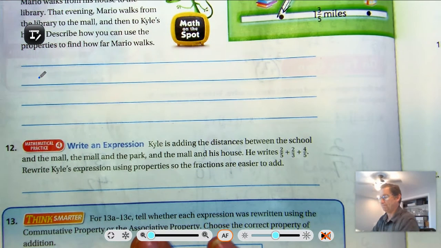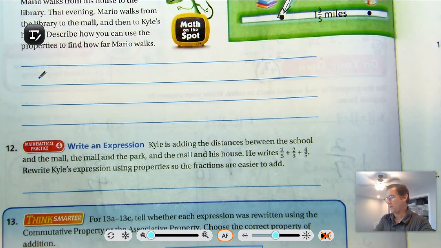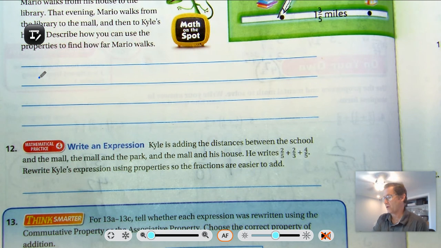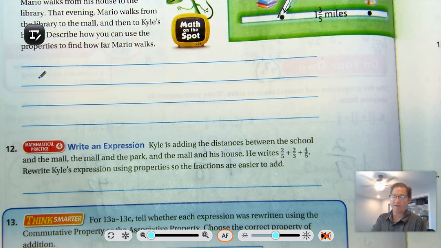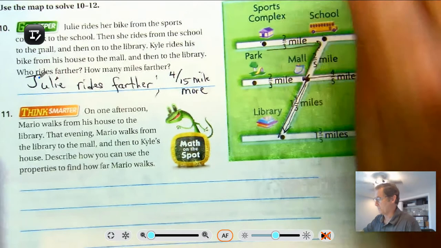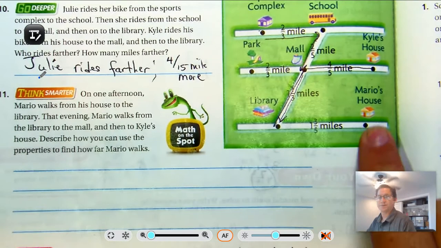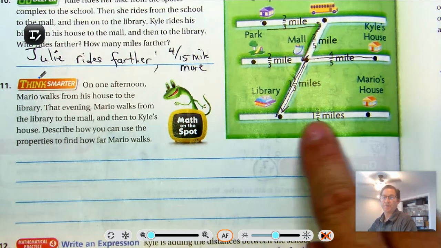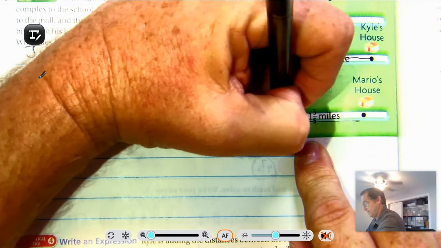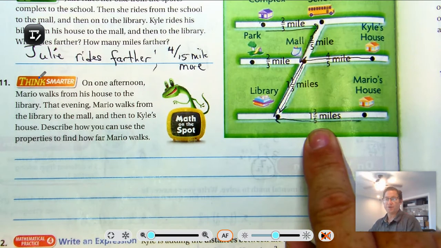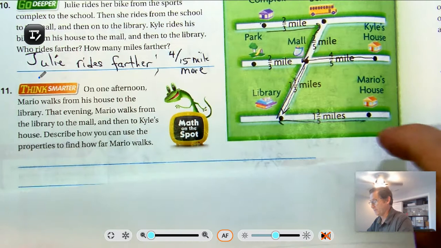Number 11. On one afternoon, Mario walks from his house to the library. Okay, so the library's here, and it's showing us the distance of 1 3/5 mile.